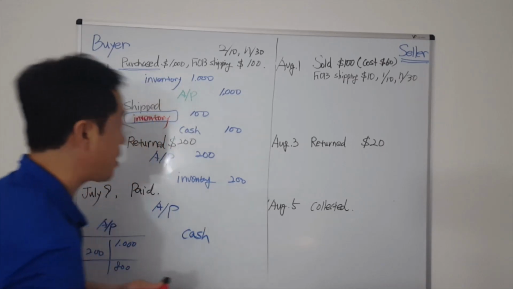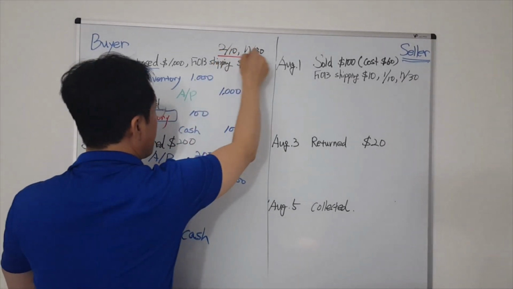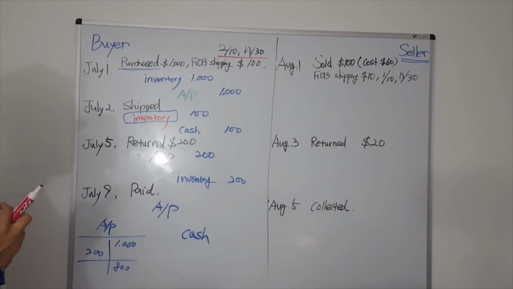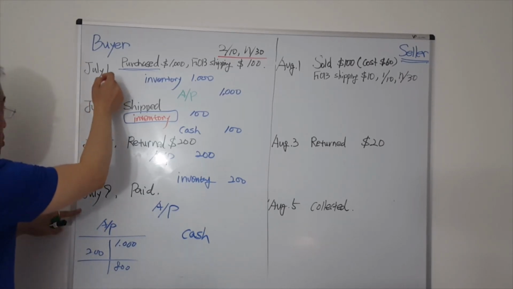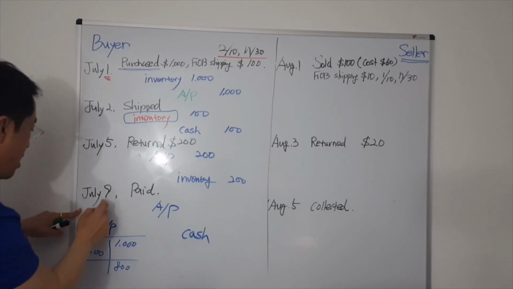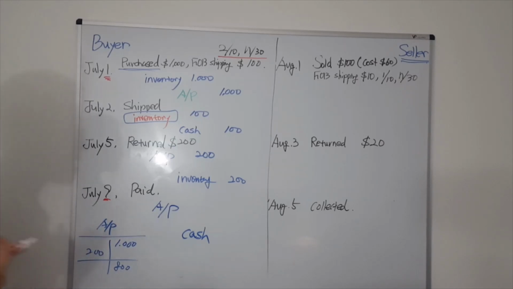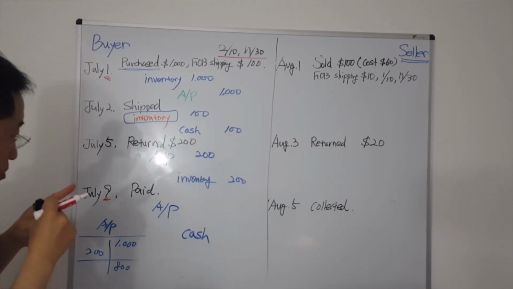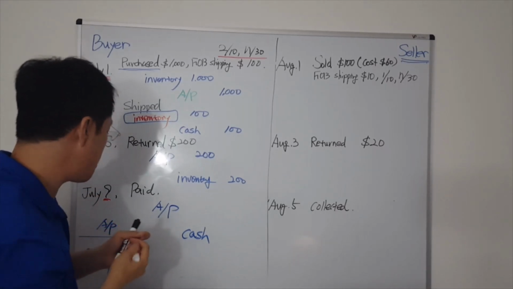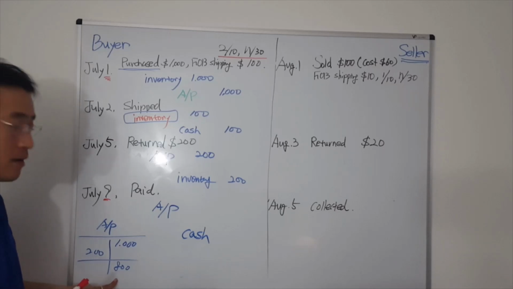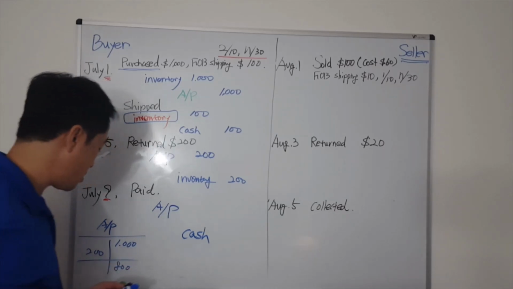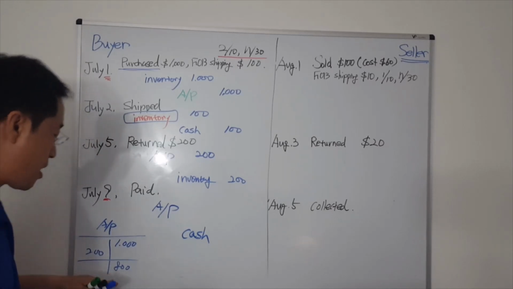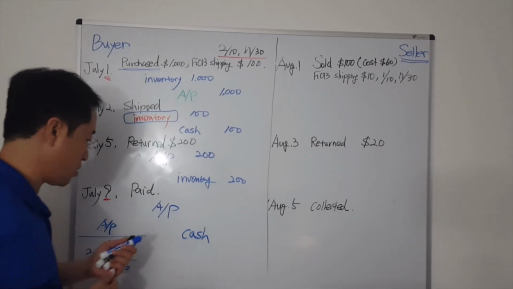So $800 here? No. Why? Because we had the discount agreement, 2/10 net 30. I purchased July 1st and made a payment July 9th, so I'm eligible for the cash discount. 2% off $800. How much is that? 1% is $8, 2% is $16.